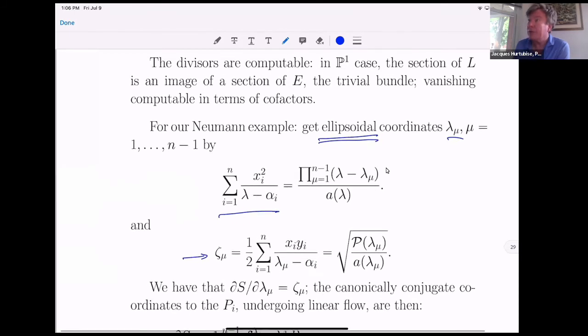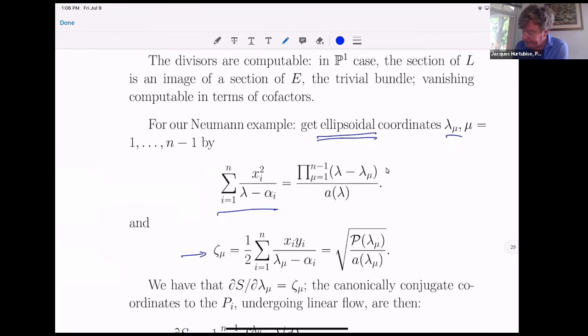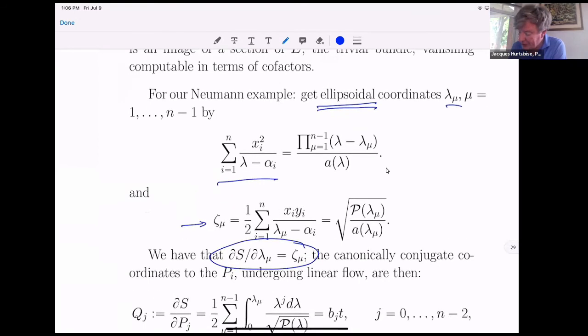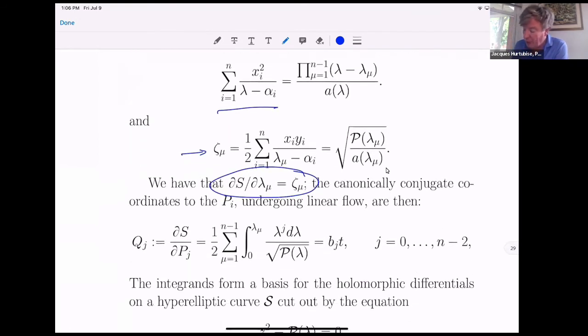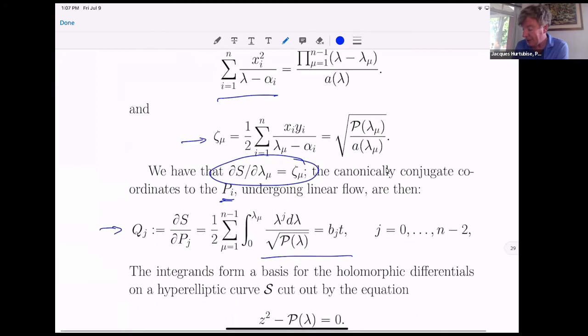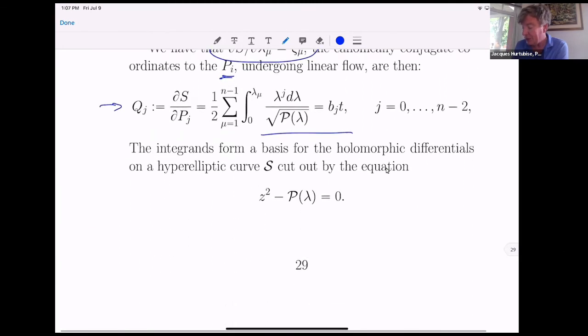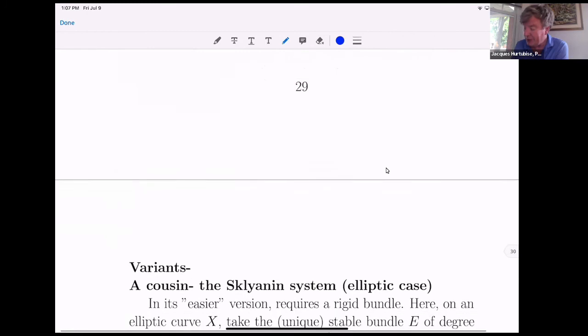And so you're getting your coordinates in which these things flow. You will then write out your expression with respect to the standard coefficients for the Hamiltonians, and you will find the things that linearize the flow, and they're hyperelliptic integrals. So a very, very classical story indeed, and it basically reproduces what Neumann did.